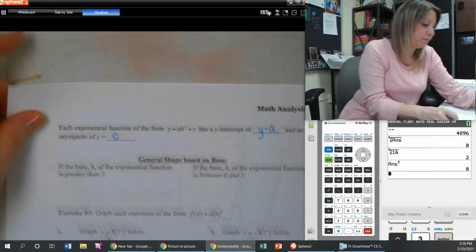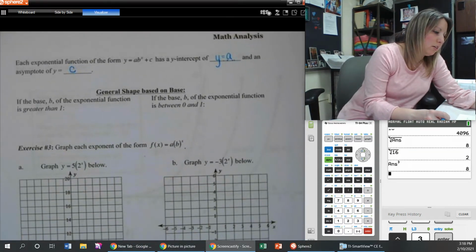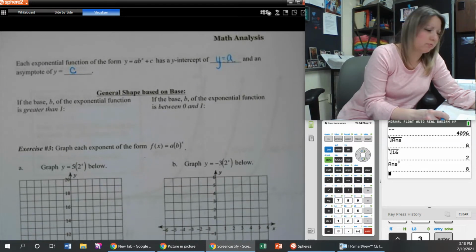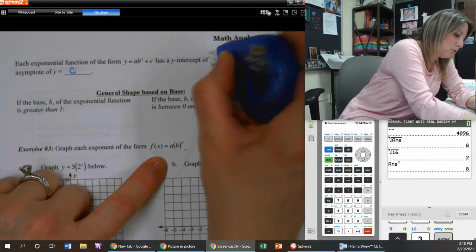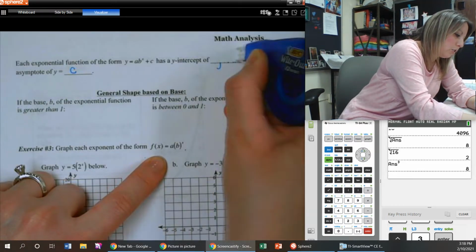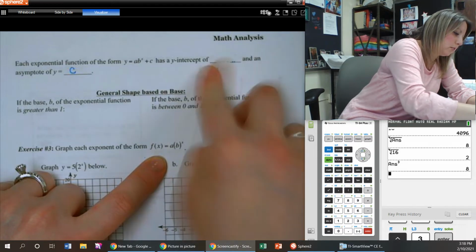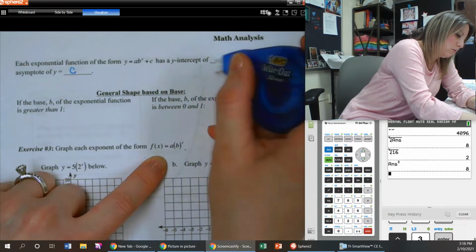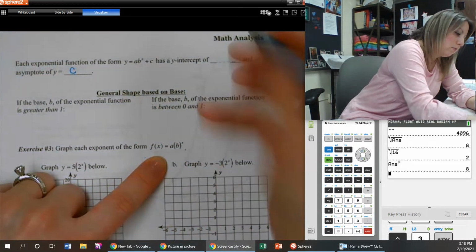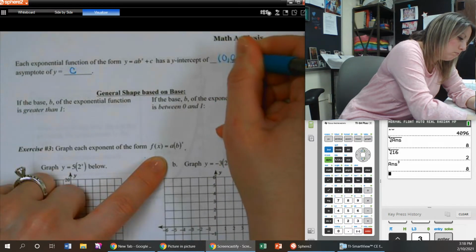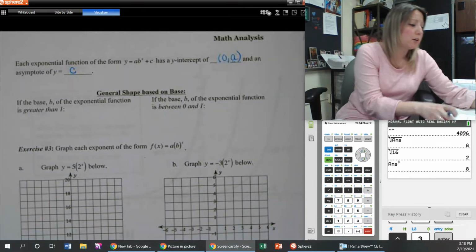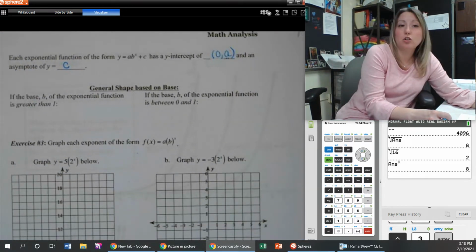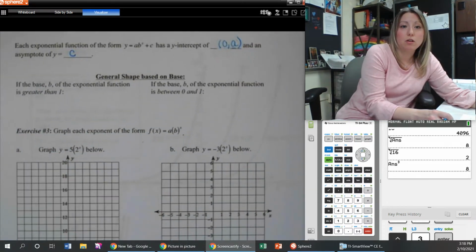Sorry. Yeah, that's right. I'm saying that right. That's a line though. This is a point. So let me do 0a. So I was closer the first time, right? There we go. That looks better. This y-intercept is a point, excuse me. And this is a line. So that's why it needs to be y equals.